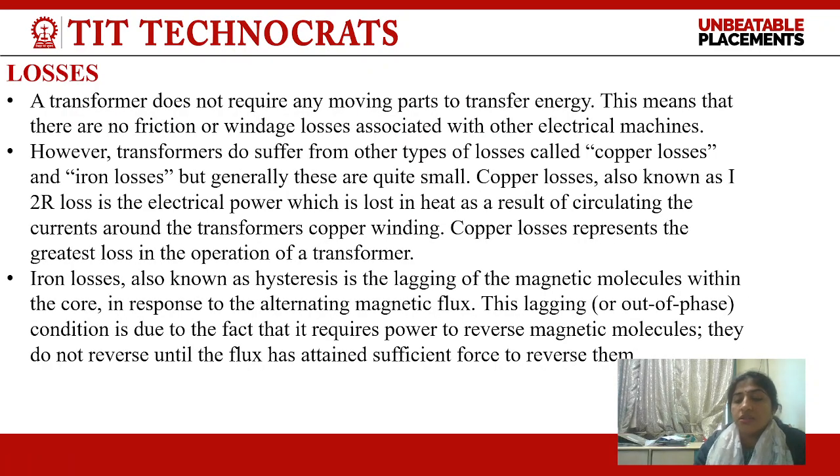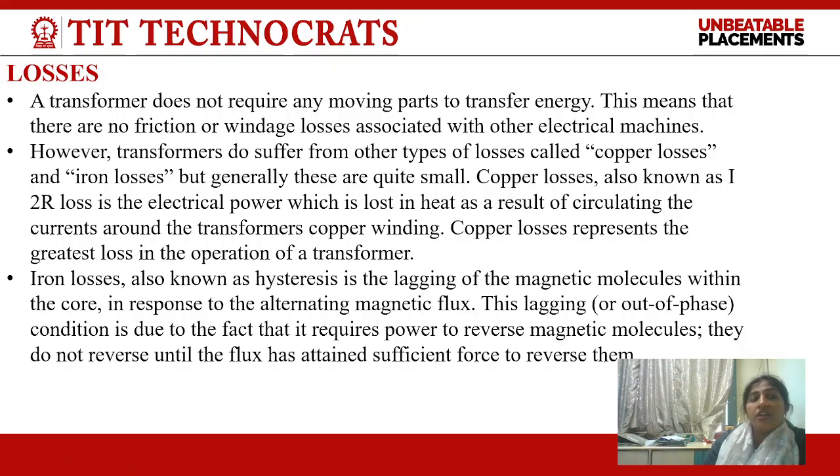We can consider the transformer as ideal, but actually no machine or appliance is ideal. In all the appliances or electrical or electronic gadgets, there are associated losses. A transformer does not require any moving parts for energy transfer.